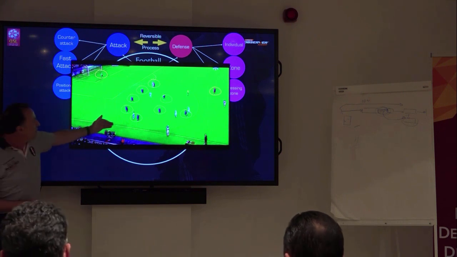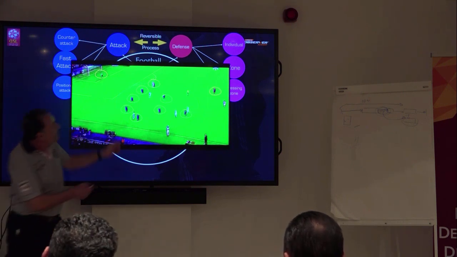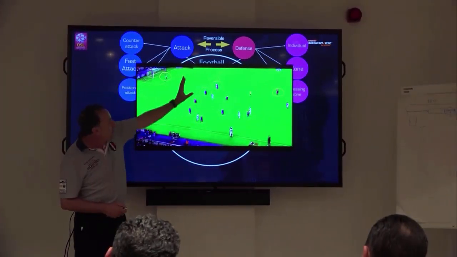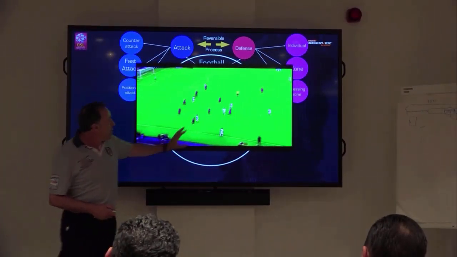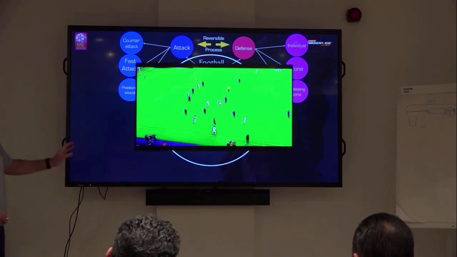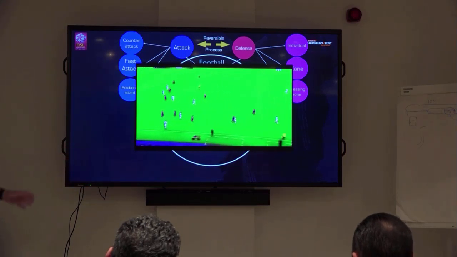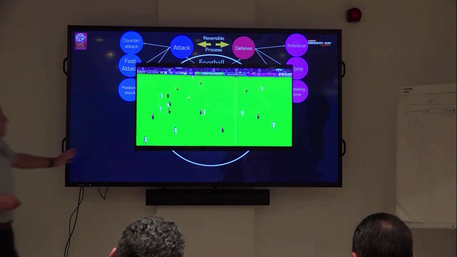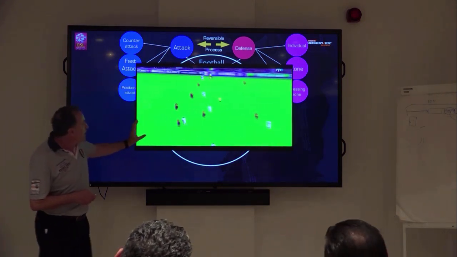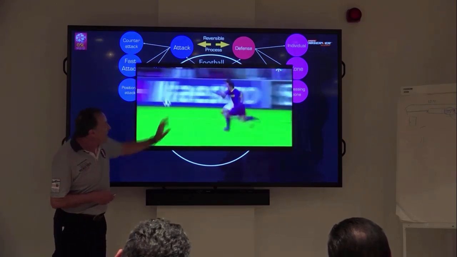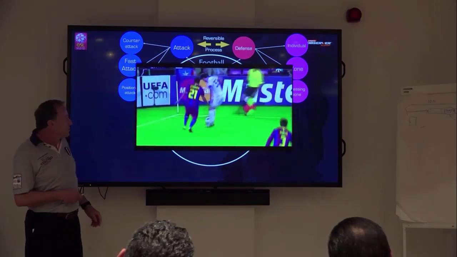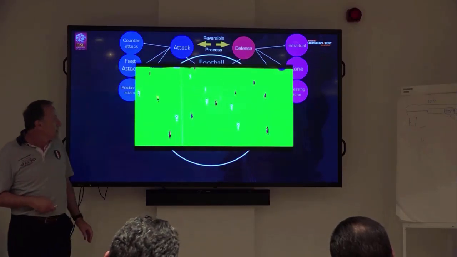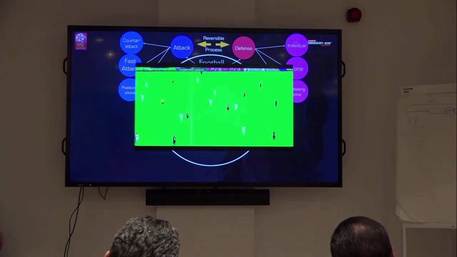If there is a player on the other side, he'll be there without a mark. So you want numerical superiority in the zone of the ball. If the ball changes, all the team goes to the other side and tries to put more players on that side and give time for pressing.